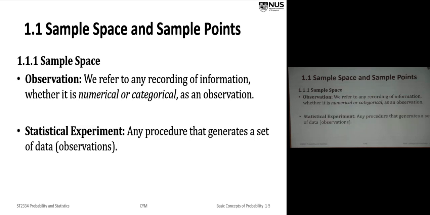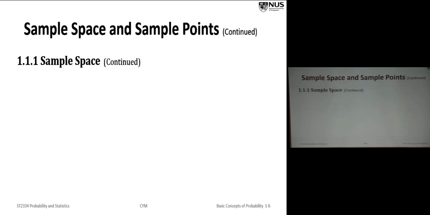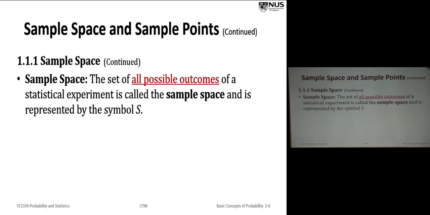And the way that we generate this information is considered a statistical experiment. Basically, we do something and get some observation. So now we can define what a sample space is. Sample space is, just remember, the set of all the possible observations.